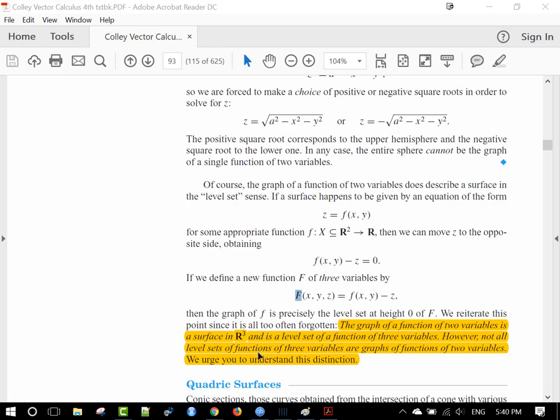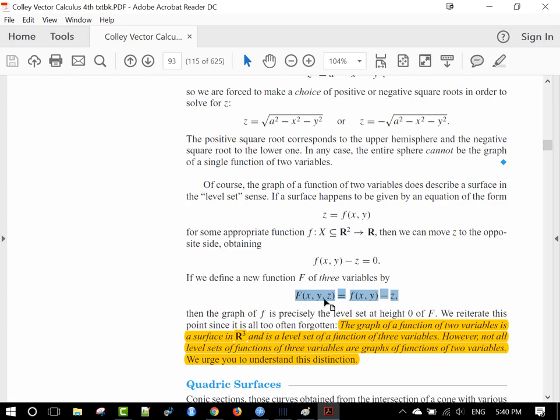If you consider its level sets, they won't necessarily be functions of two variables. You can go one way, but you can't go the other way. What I mean by that is, if you start out with a function of two variables, like this, then you create a function of three variables by doing this kind of thing.